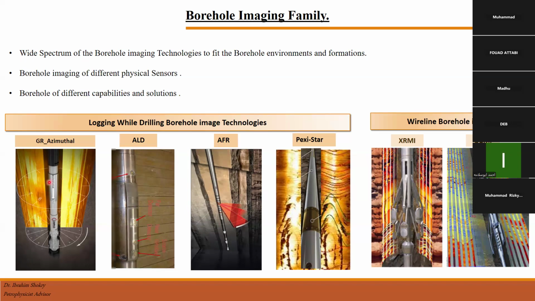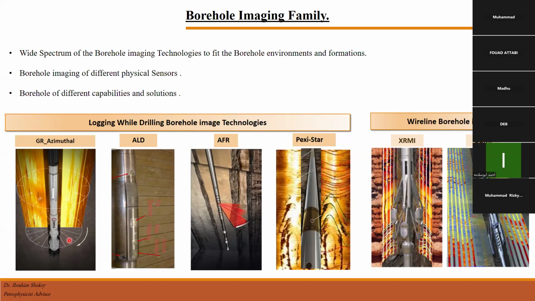So if you are in the Gulf or Arabian Gulf and you run LWD gamma ray azimuthal, most of the Gulf is a massive carbonate, so there is no variation in this carbonate interval. So the image will not give you a big answer or big solution for this.